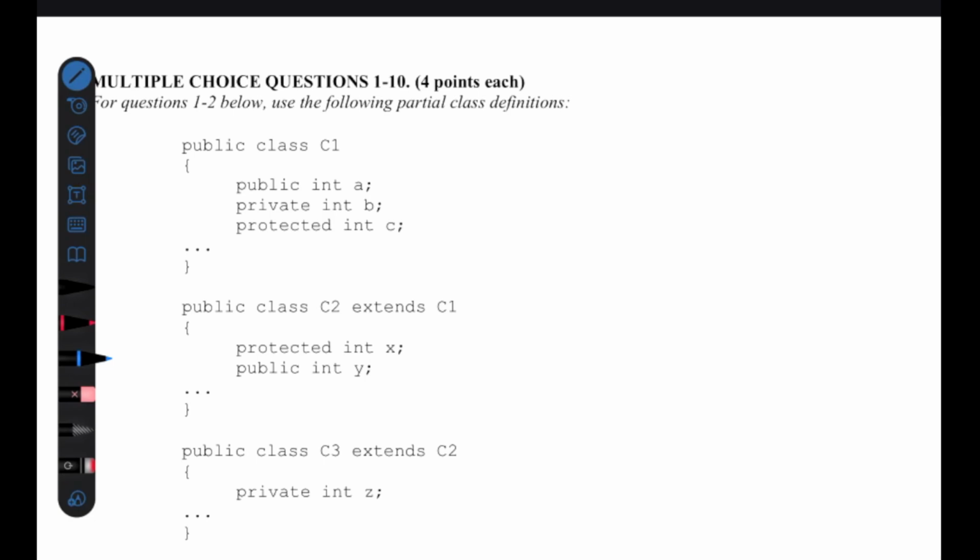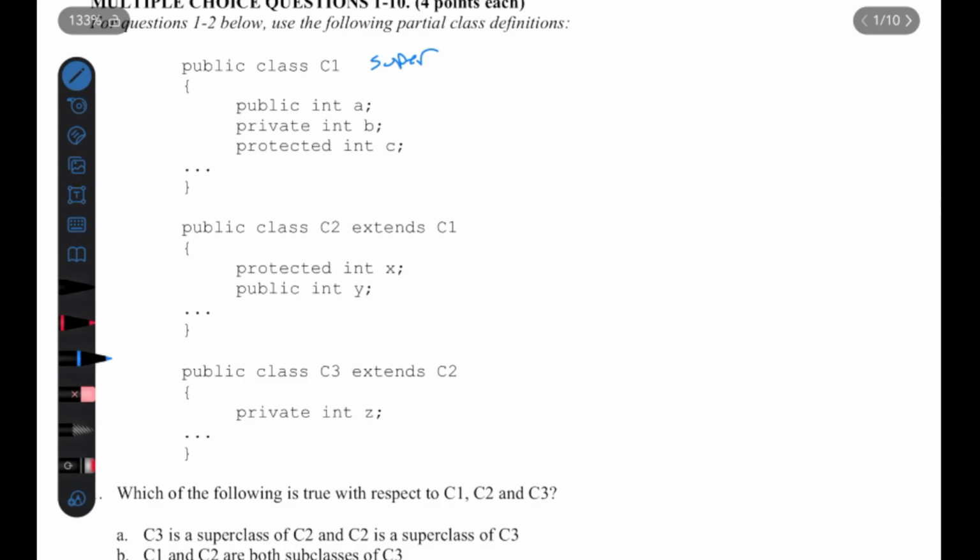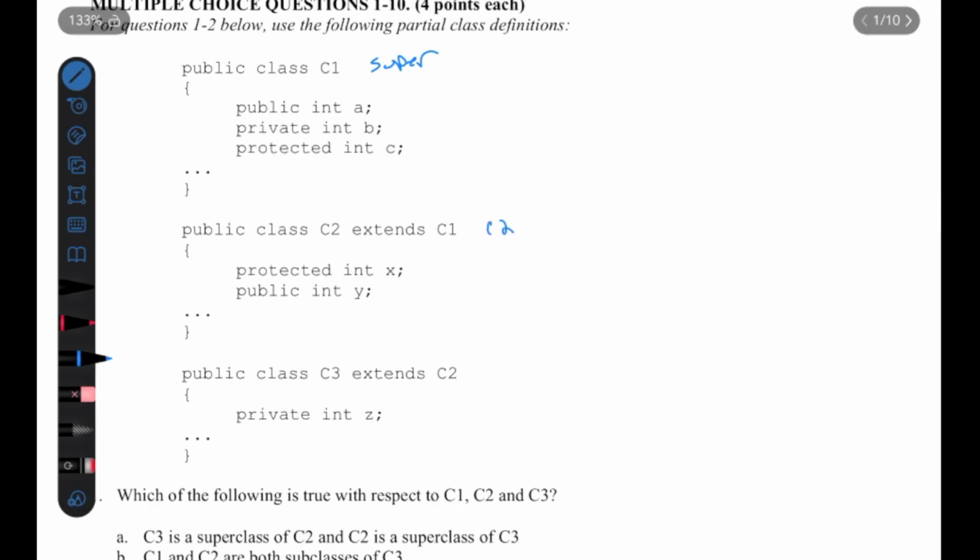So going through the inheritance, we can say C1 is our most super class because everything extends from it. So this is our super class. So then C2 extends C1. So C2 is a subclass of C1, or you also call it a child.